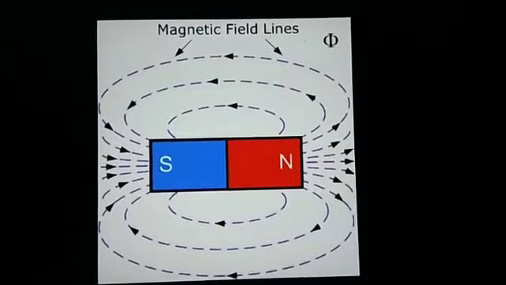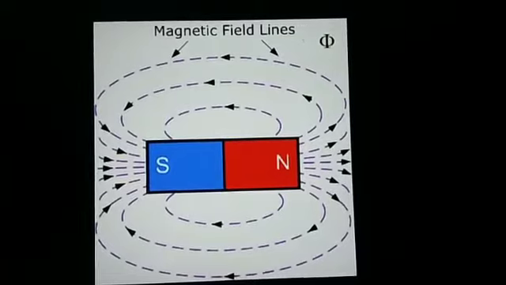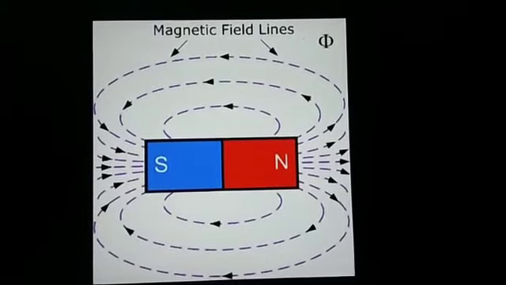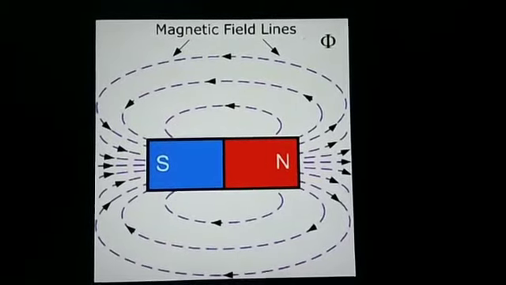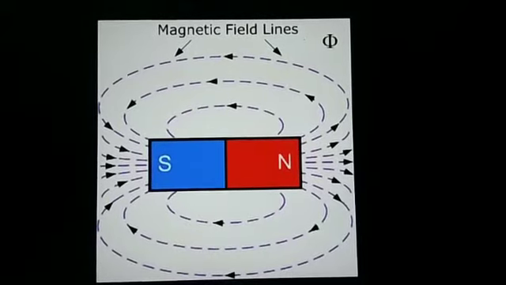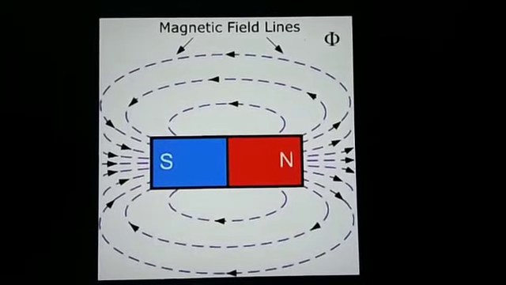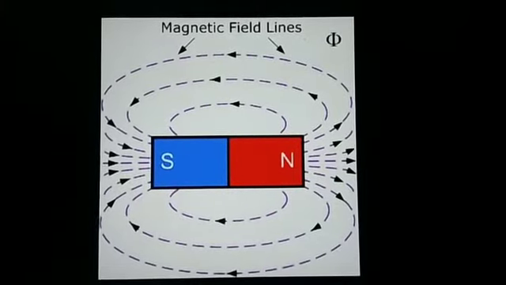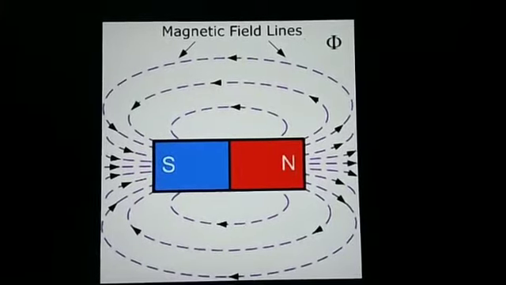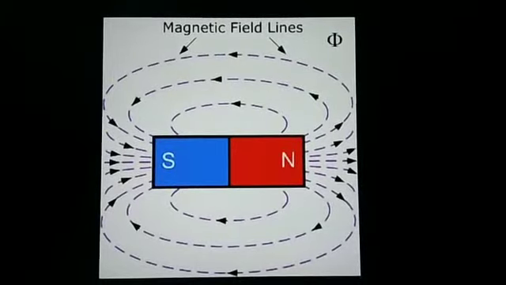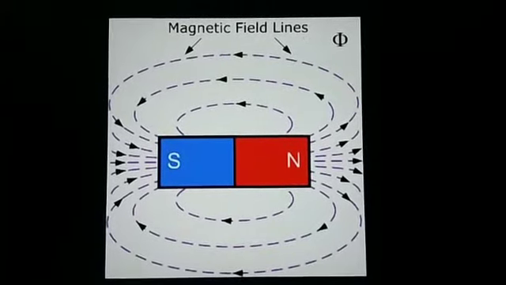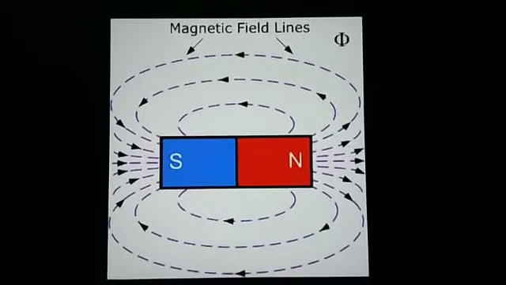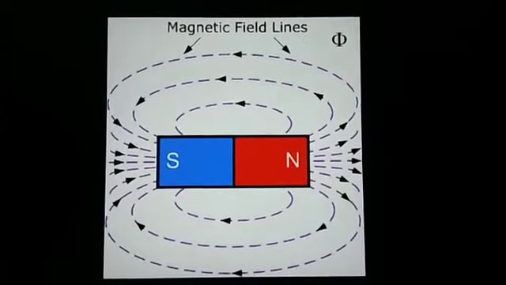See here, there is a magnet, one is the north pole and one is the south pole. The magnetic lines start from the north pole and go towards the south pole. See the direction of the magnetic field lines, north to south. Outside the magnet the field lines go from north to south, but inside the magnet the field goes from south to north.